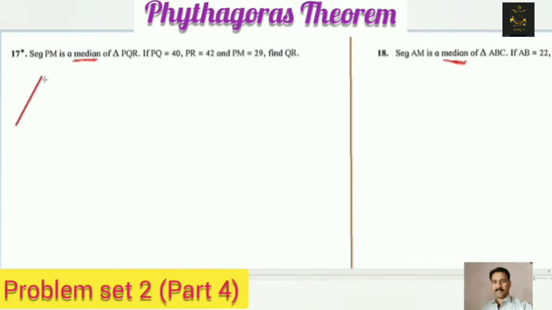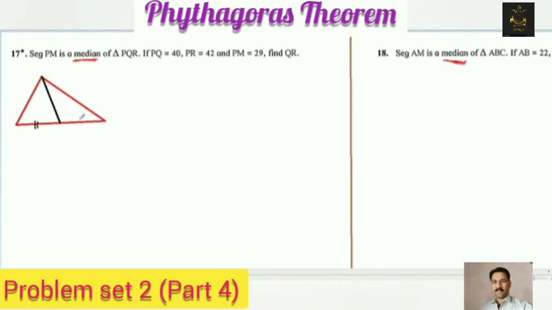Look here, from the information, it is one triangle in which there is one median. That means this is the midpoint, so we'll take the median here.